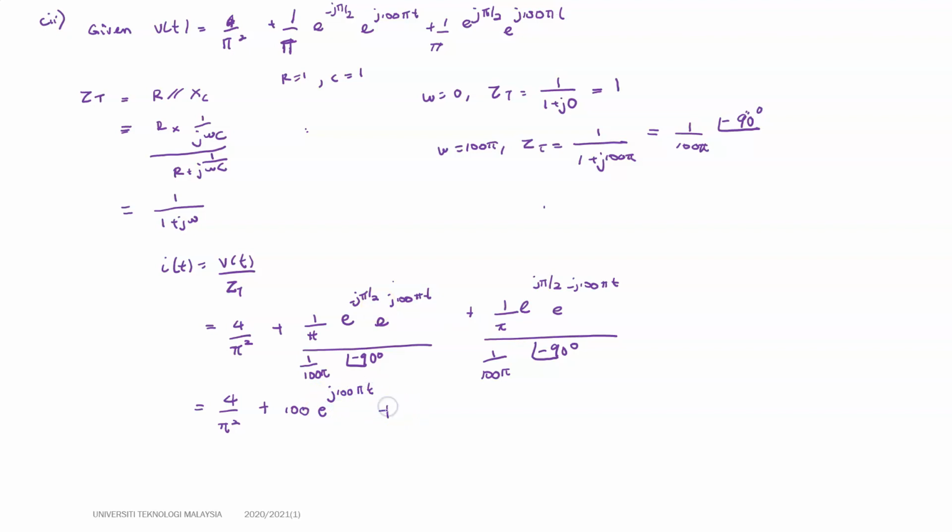And for this part, also 100 here, and then this is pi over 2, and this negative, bring it to the numerator, it becomes positive, so pi over 2 plus pi over 2 becomes pi. So this one is exponent j pi, exponent negative j 100 pi t. Because this is a current, the unit is ampere.